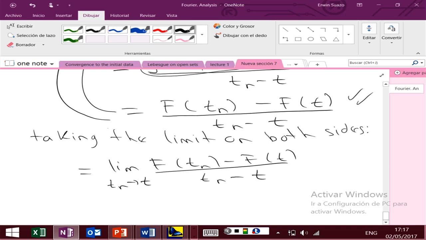And what is the definition of this? Limit of capital F t sub n minus capital F t over t sub n minus t. What is that, when t sub n goes to t? From calculus 1.